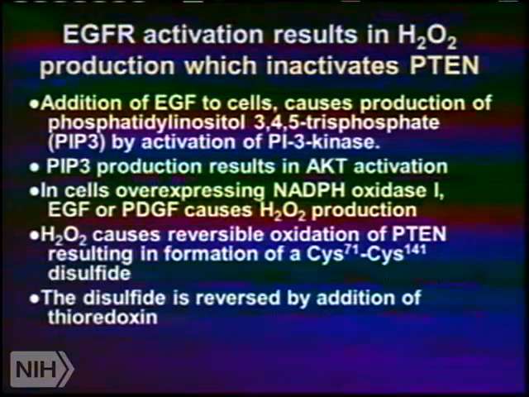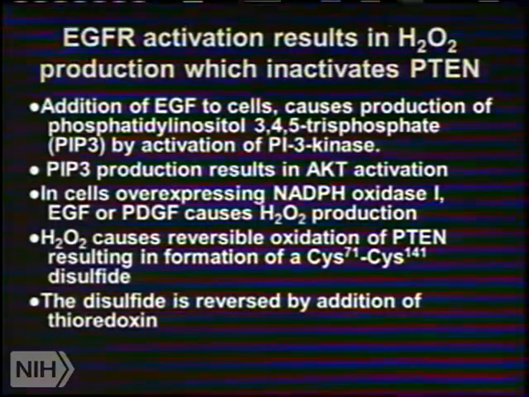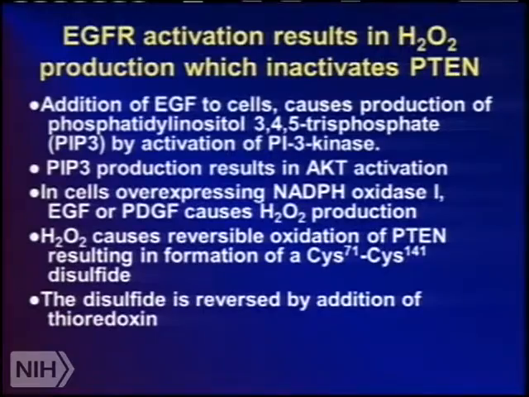The PIP3 will activate AKT, leading to cellular proliferation. But the hydrogen peroxide probably gets produced by the NADPH oxidase. And a little later on in the course, Tom Leto will be giving a lecture on this particular NADPH oxidase. And then the peroxide causes reversible oxidation of the cysteines in PTEN. And this disulfide oxidation is reversed by the thioredoxin.